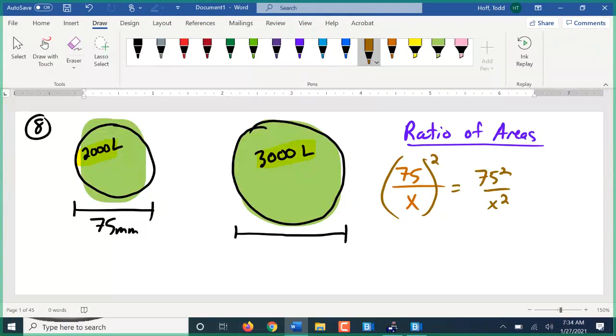Those squares are there because we are relating this to an area. 75 millimeter diameter gives us the 2,000 liters per unit of time. We want to change that to 3,000 liters.